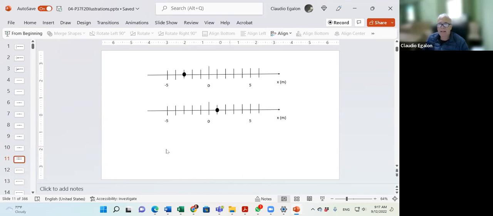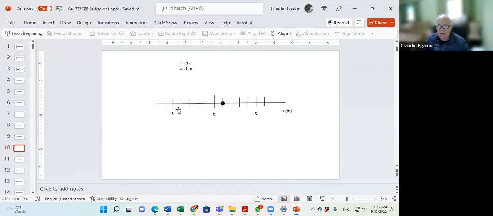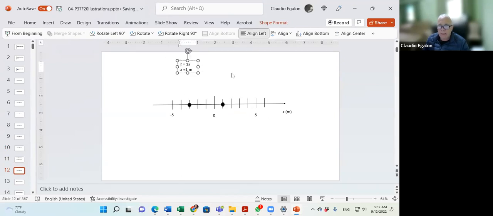Can you see that? I'm going to illustrate that for you again. The initial position of the particle was originally where? Was originally here at -3, right? That's where the particle was originally located, between 0 and 1 second.